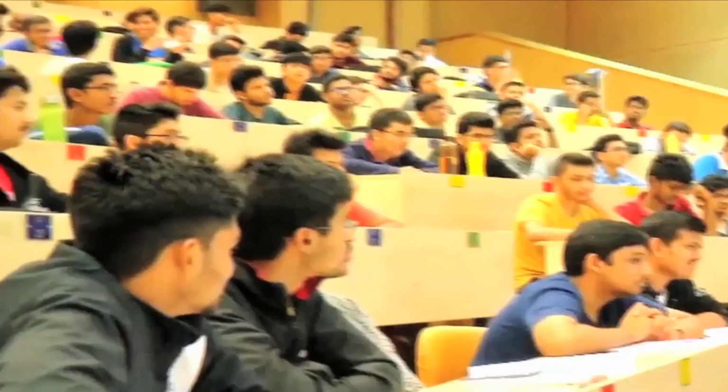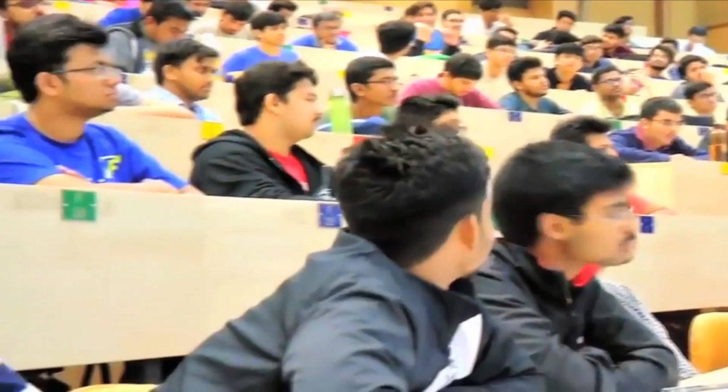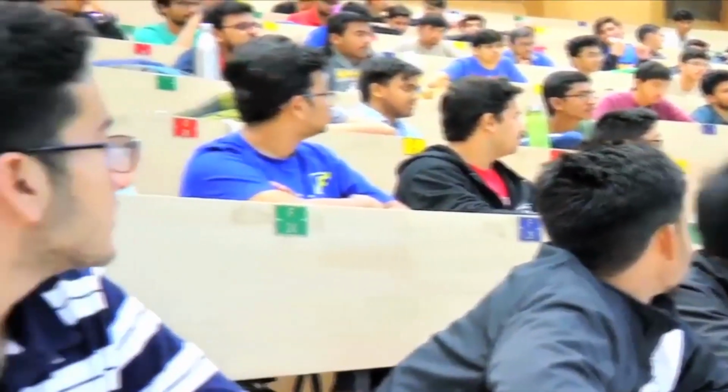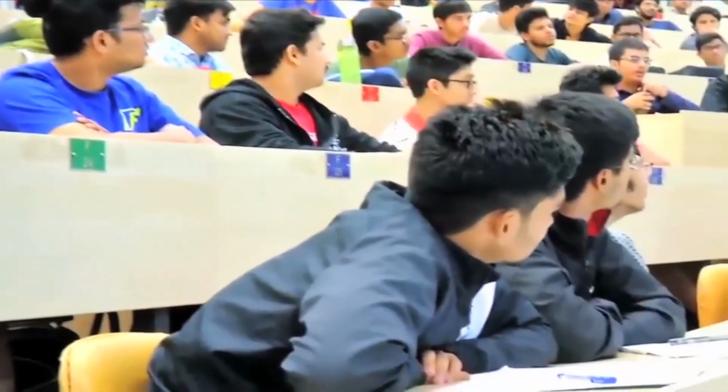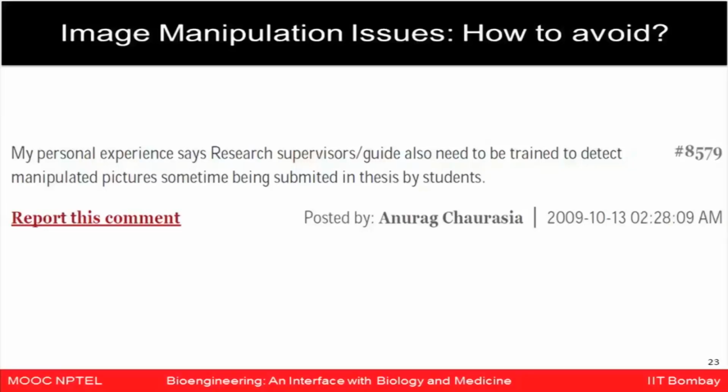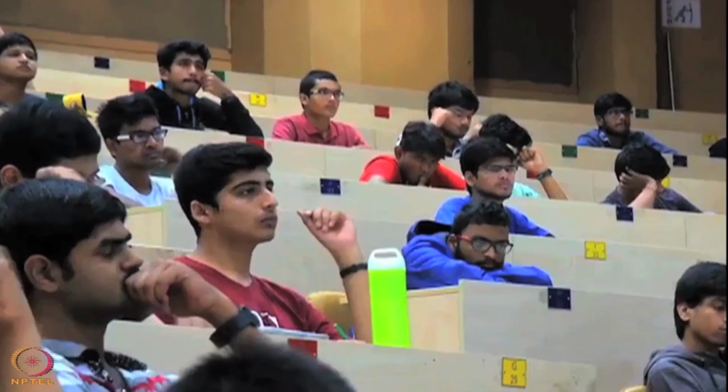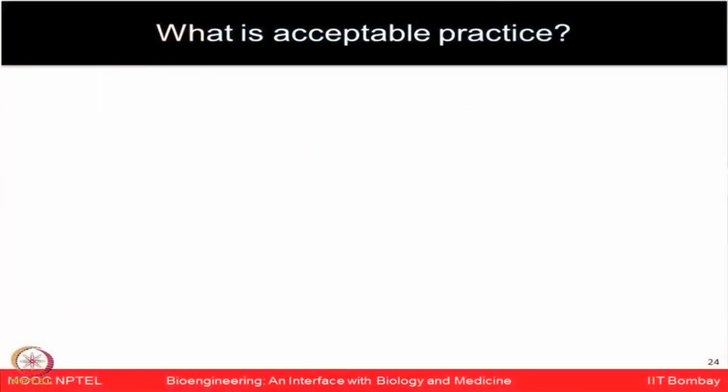Sometimes students can make these changes and manipulate images, and supervisors may not even be able to figure it out. So, it is really important that, on one hand, one should not make these kinds of changes, but there should be a stringent peer review process where you can correct any suspected practices.